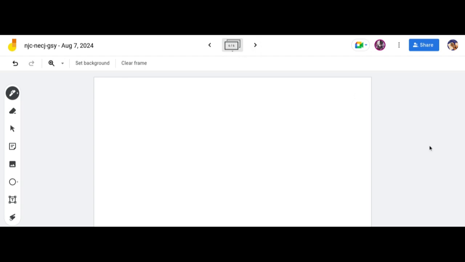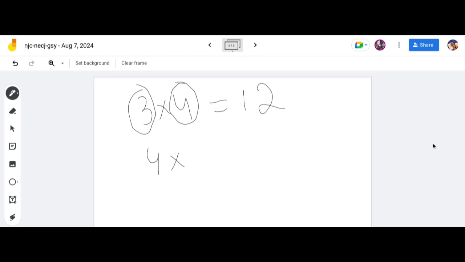Just like this: if I multiply 3 into 4, the answer is 12. So 12 is a multiple of 3 and also of 4. If I change the place, the answer will still be 12.